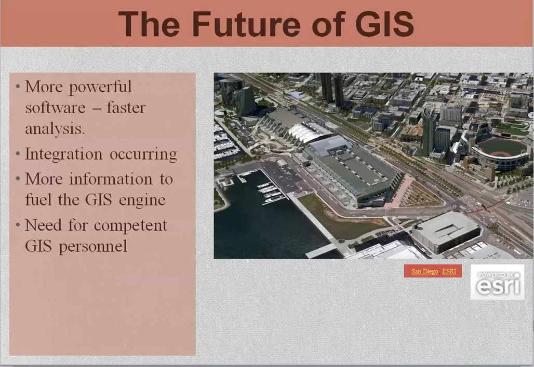Well, to conclude, everybody, the future of GIS. Computers are getting more powerful, software systems are getting more efficient, and more geographic data is being shared on a daily basis. What that's doing is creating an integration of information that has never been seen before in human history, and that's a good thing. The reason is that it is becoming an instrument of amazing effectiveness to help us live our lives and solve problems.